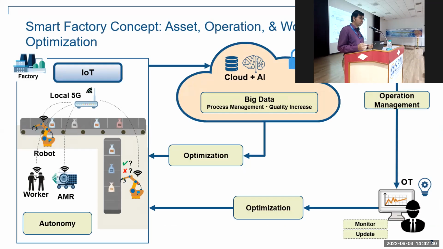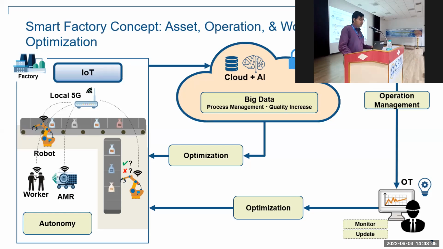Different sorts of algorithms could churn that data. Using that data, people are thinking of different end goals, like different sorts of optimizations. People are talking about how you can take those data and predict when a particular equipment is going to experience downtime.